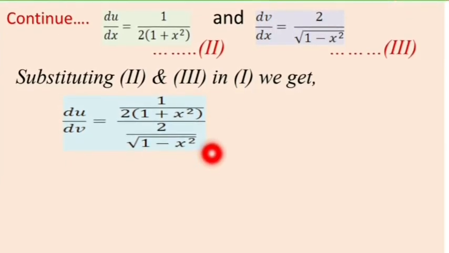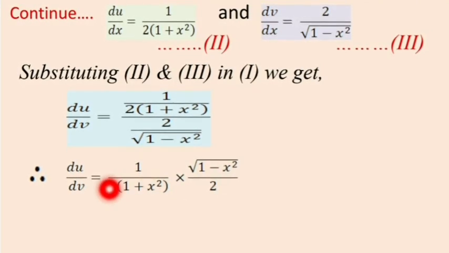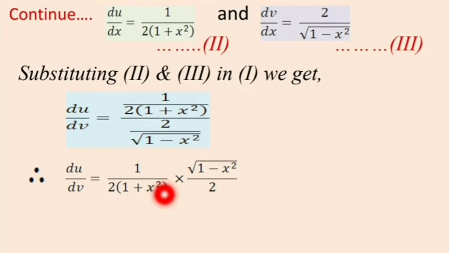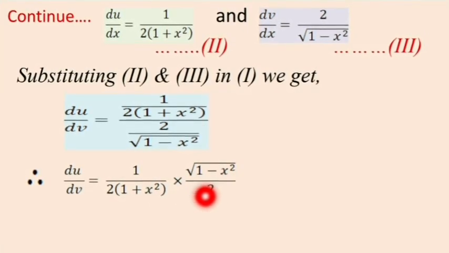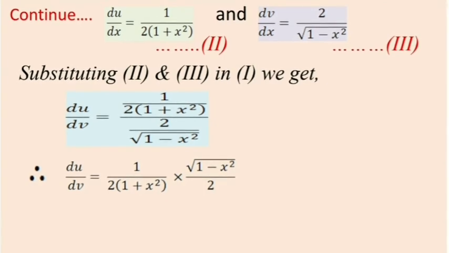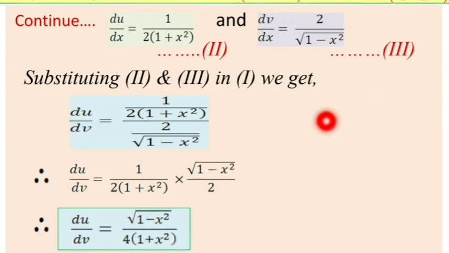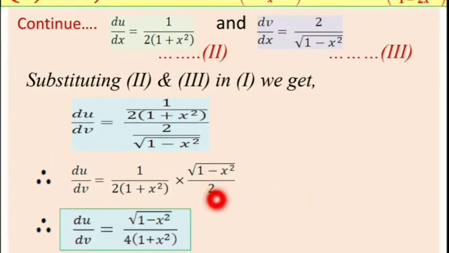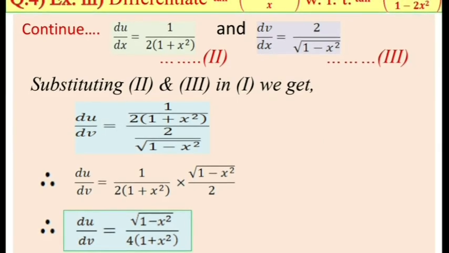Now simplifying this, du/dv = 1/(2(1 + x²)) multiplied by √(1 − x²)/2. Then we get du/dv = √(1 − x²)/(2 × 2), that is 4(1 + x²).